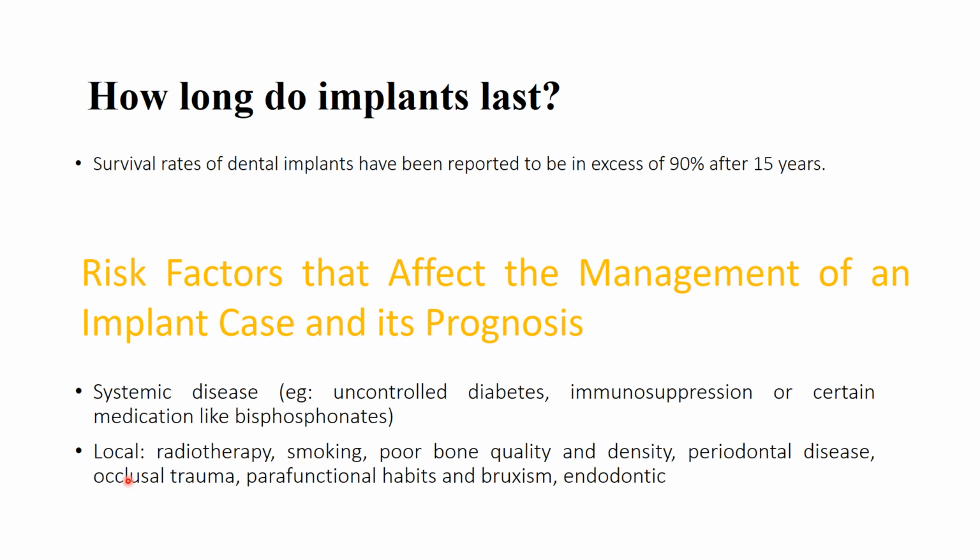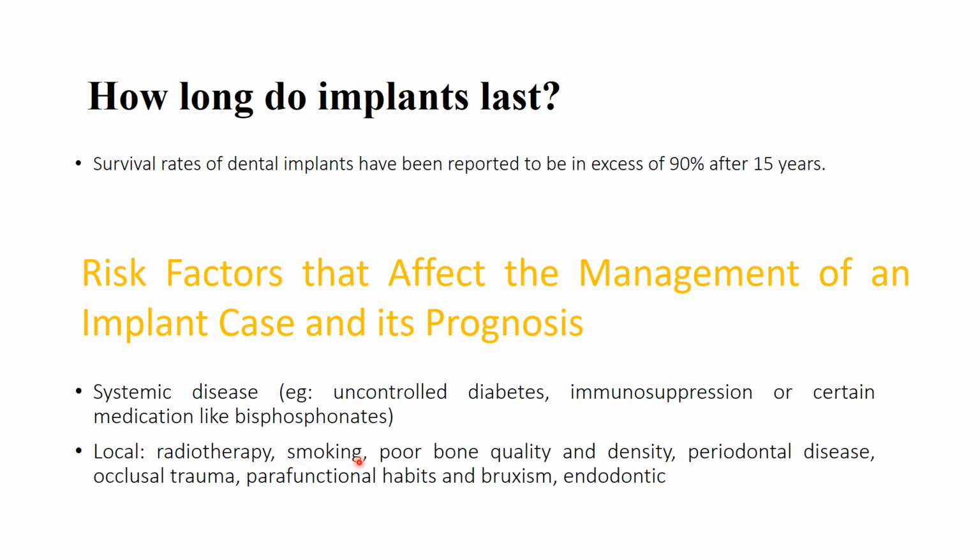Local factors that may jeopardize implant placement are a history of recent radiation therapy. Of course, this can be overcome by delaying the treatment by 6 months to 1 year, and by asking the patient to undergo oxygen therapy.